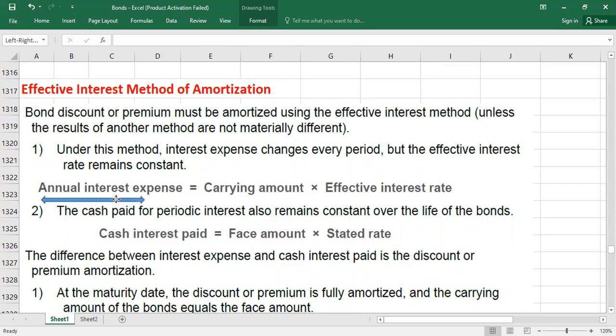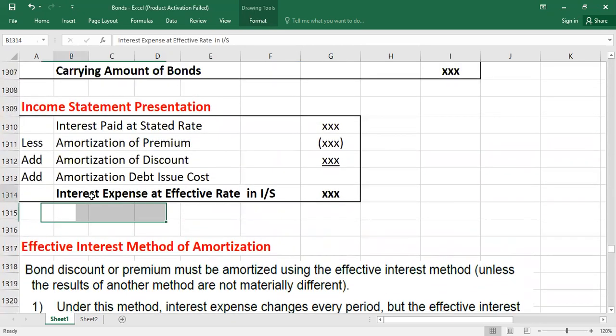So here we have annual interest expense. If you want to calculate interest expense for the income statement, usually we calculate carrying amount multiplied by effective rate of interest. If you multiply, you will get annual interest expense, which will be equal to this value.